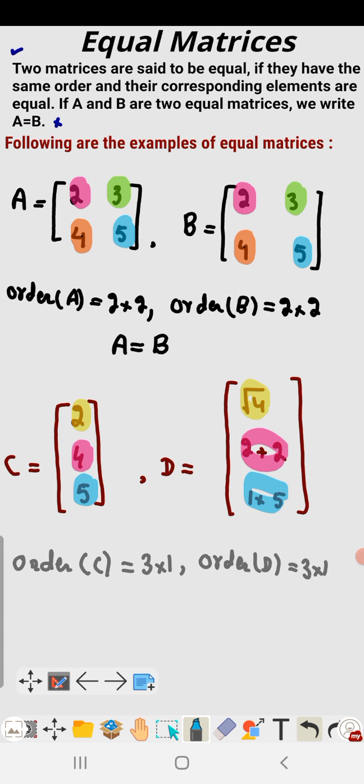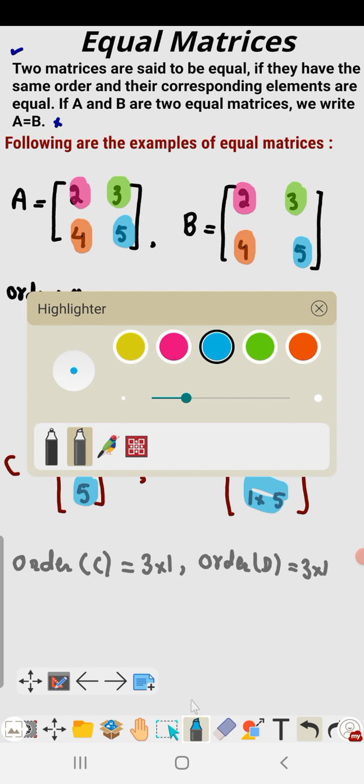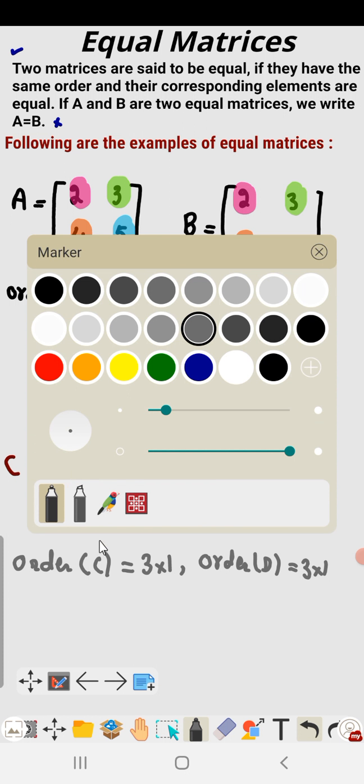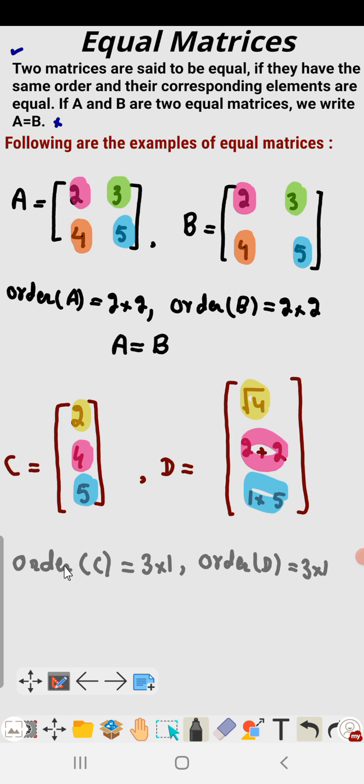So matrices C and D are also equal matrices. C is equal to D.